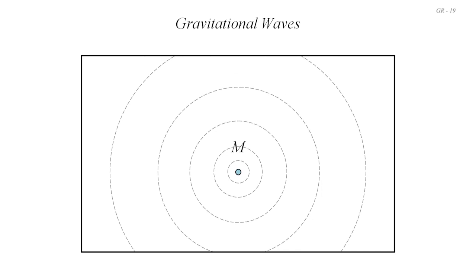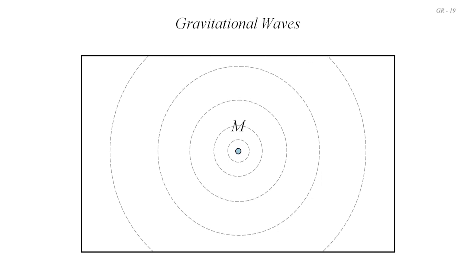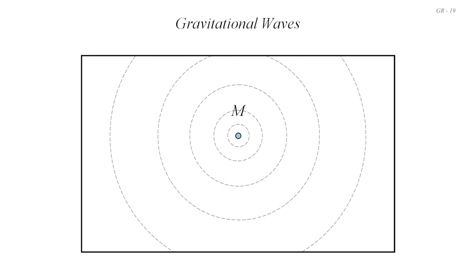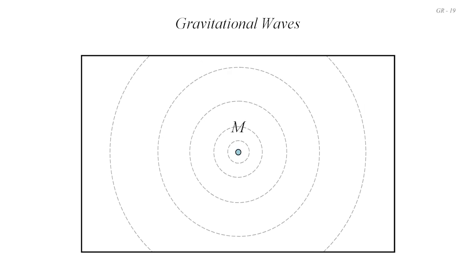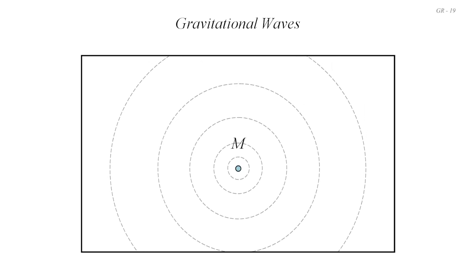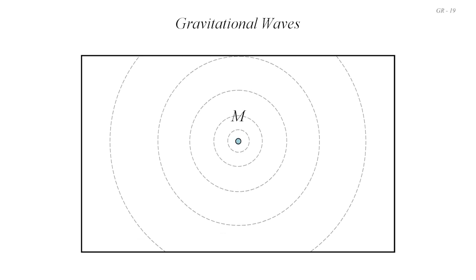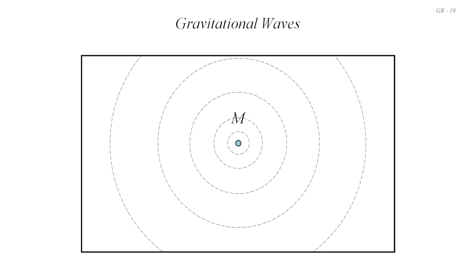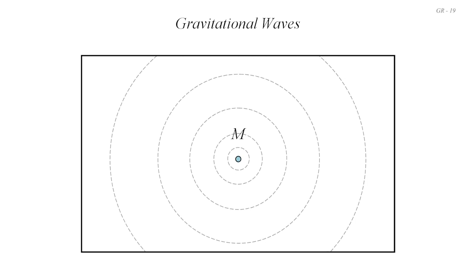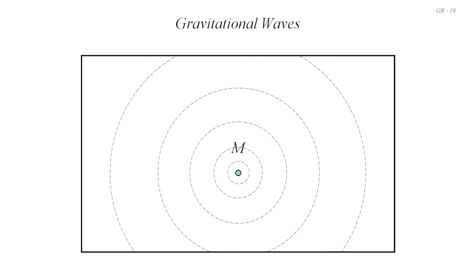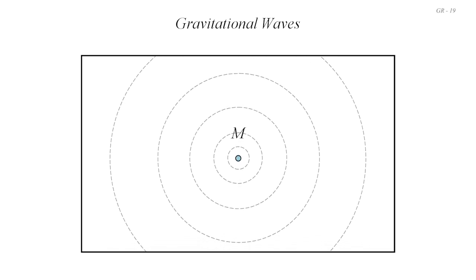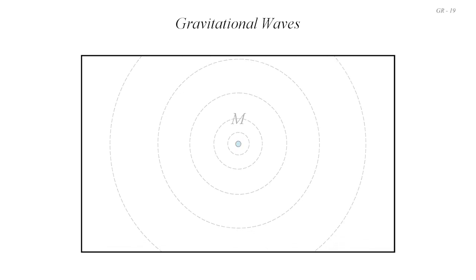Once again, however, in the Newtonian interpretation, we would have to say that if the mass at the centre moved around, then the lines representing the gravitational potential phi some distance away would change at that instant. There would be no delay. All of that would mean that information about the movement of the mass would have been transmitted to all points in space instantaneously.